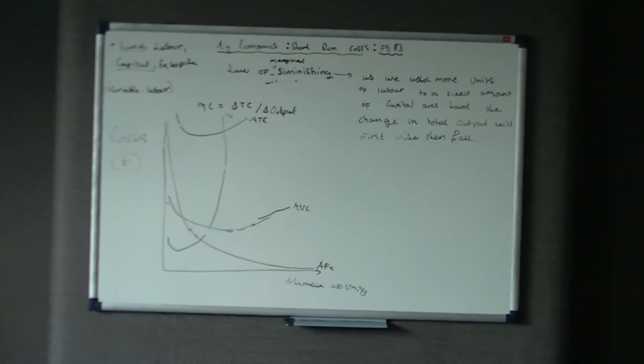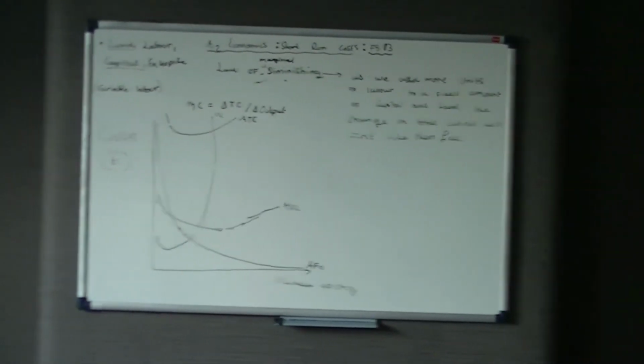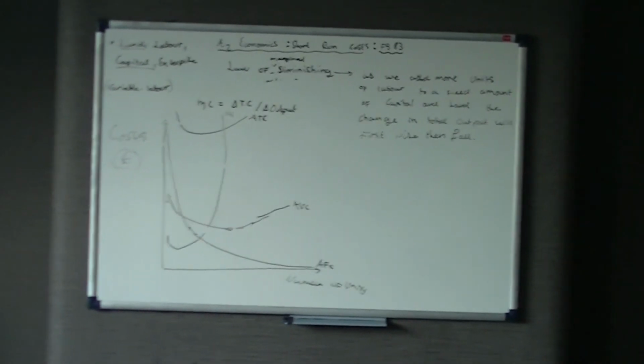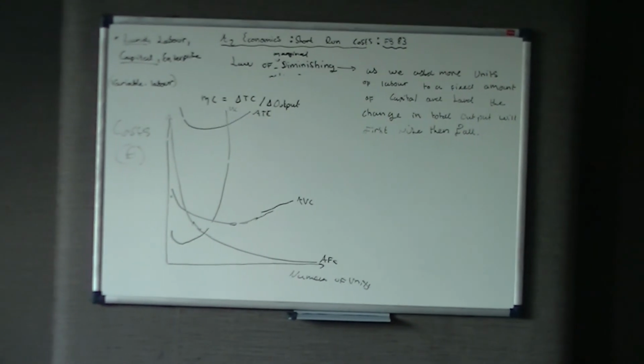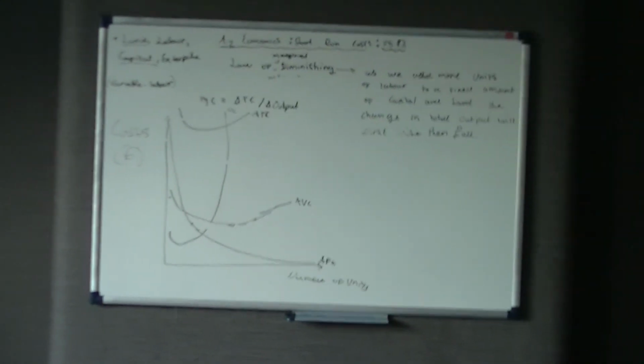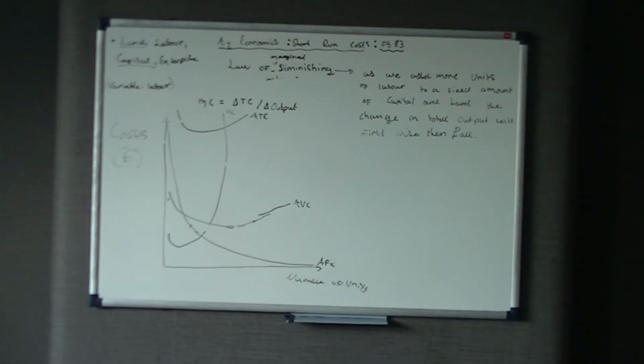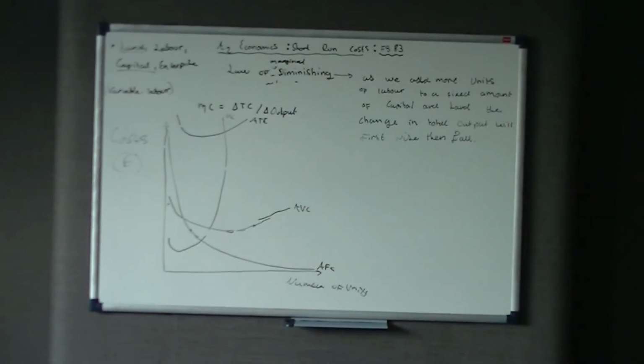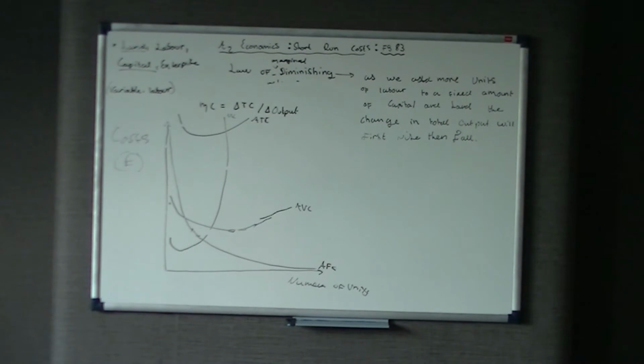In the next video, for the long run, we are going to be mentioning what the long run is, and then we're going to be talking a little bit about the long run average cost curve, which is an accumulation of a couple of the average total cost curves. We're going to be talking about something called the MES, which I'll go into in a bit more detail in the next video.